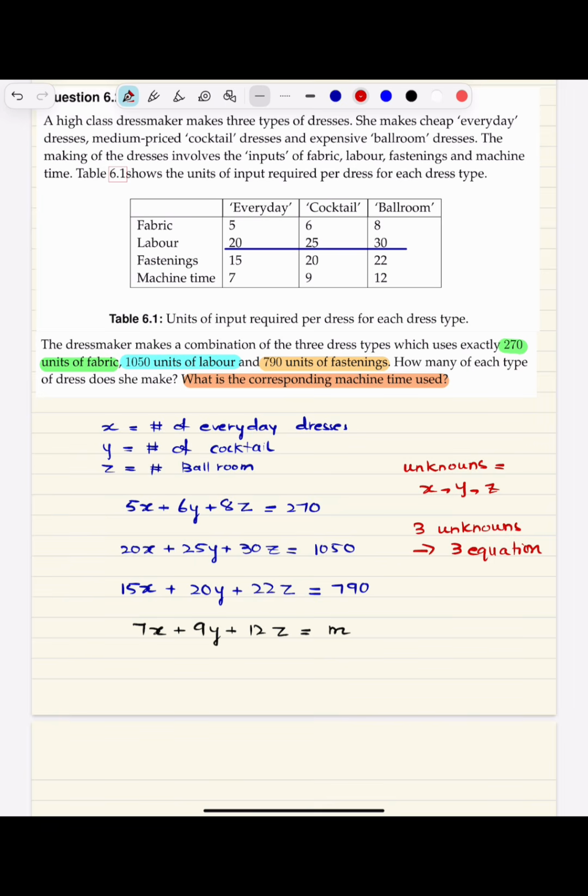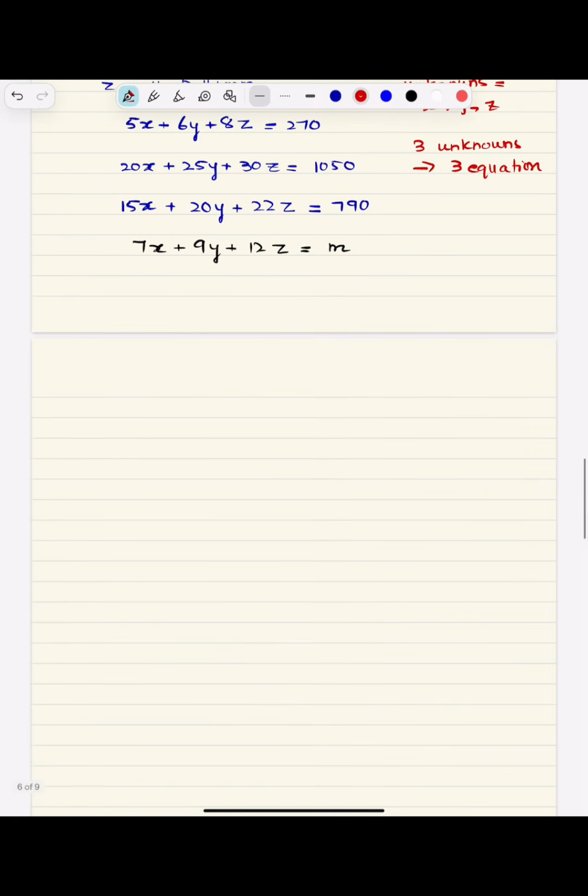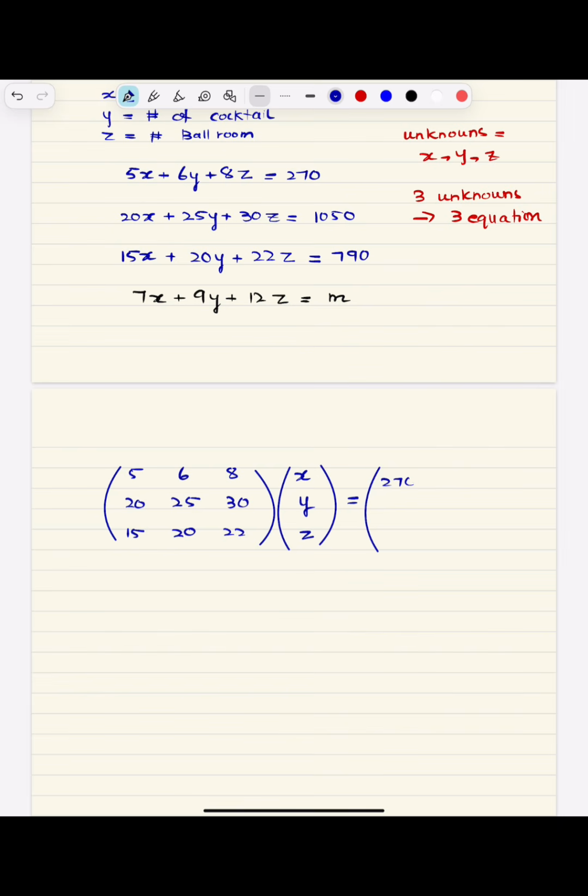Okay, so now let's convert this into a matrix form. We'll have 5, 6, 8, 20, 25, 30, and 15, 20, 22, and the column vector is going to be the unknown variables. And now we have our resource constraint.